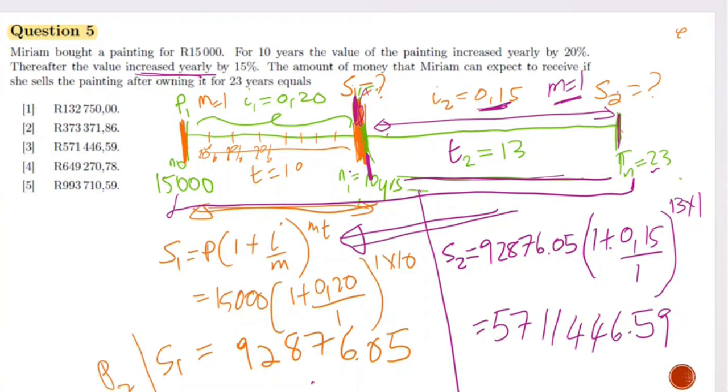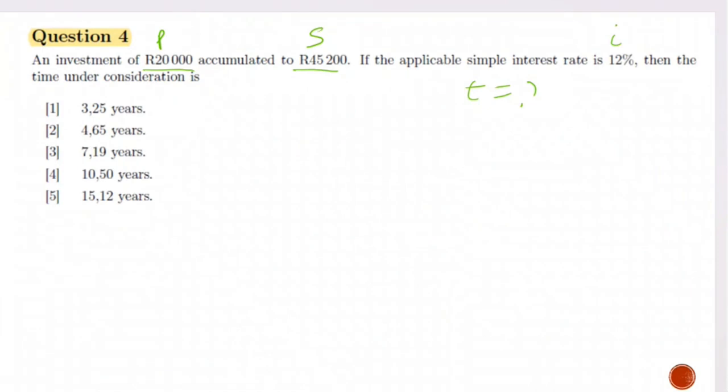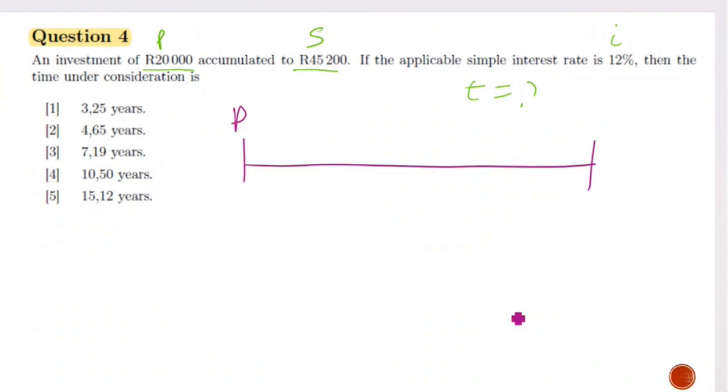The rest of the questions were straightforward. This one was a simple interest. It is basically straightforward. You start, you end. Here you've got your P, this is your T0, where you start at the beginning.